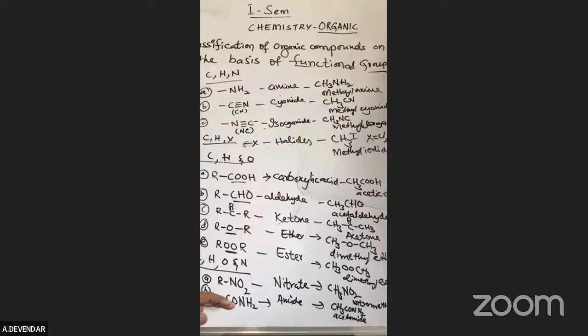In amides we particularly use urea, NH2CONH2. The first organic compound synthesized in the laboratory, in 1828 by Wöhler, was urea. The functional group is amide only. You have to remember that.